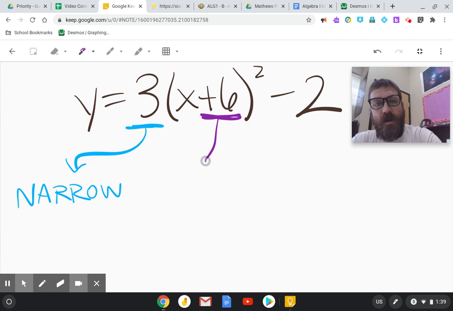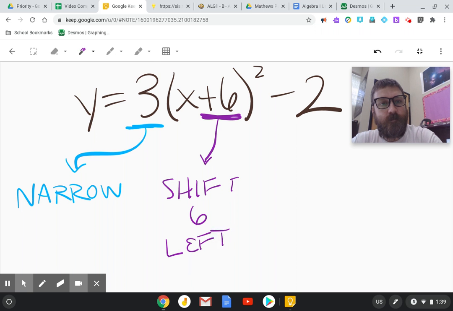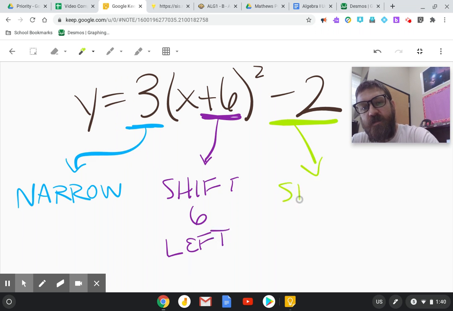Well, we know that when we add a number to x, and it's plus 6 in this case, it's going to shift 6 to the left. Lastly, we know what happens when I add or subtract a number at the end. In this case, the graph is going to shift down 2.